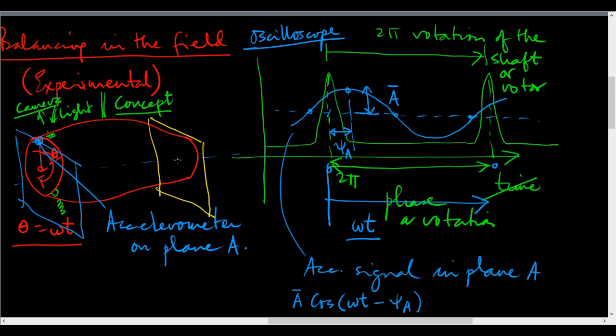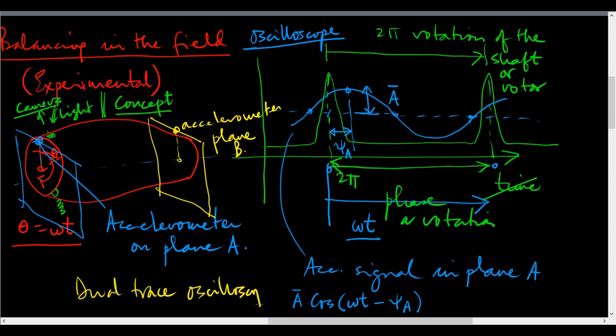And on plane B also, let us say in the same location, for simplicity, I have another accelerometer. And this is going to give me another signal, which again I will see on an oscilloscope. So notice that on the oscilloscope, suppose I have a dual trace oscilloscope, which is very basic.